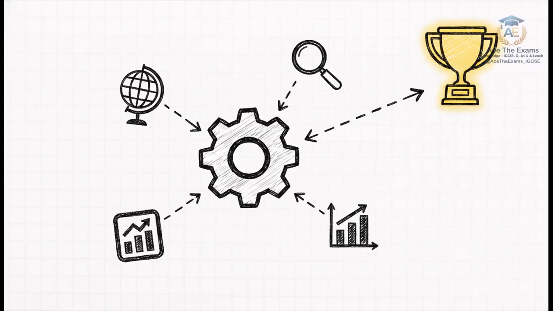The examiners want to see that you can take these operators and apply them to completely unfamiliar contexts across the entire IT syllabus. When you see a question about data validation, your brain should immediately spark with, I need to define a range using comparison operators. When you see a query by example database question, you need to seamlessly integrate these symbols into your search criteria. It's this web of cross-topic connections that elevates a basic passing grade into an elite, top-tier score.